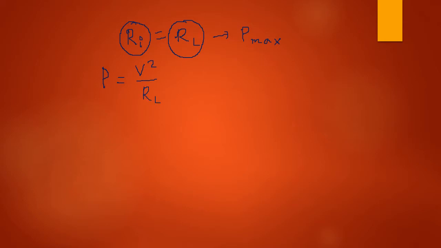Okay, so if you are, let's say, using a piezoelectric material, you know it has a very high resistance. So maybe you are varying RL from, let's say, 1 mega ohm to some 100 mega ohm.